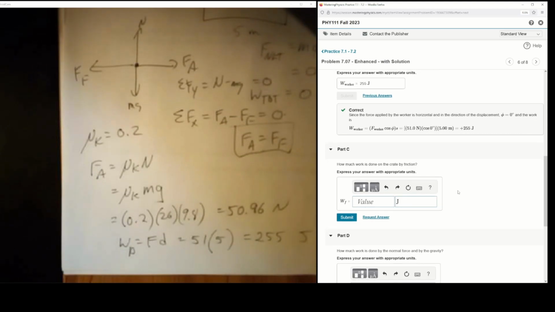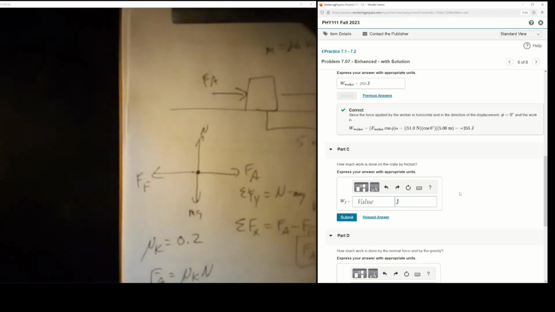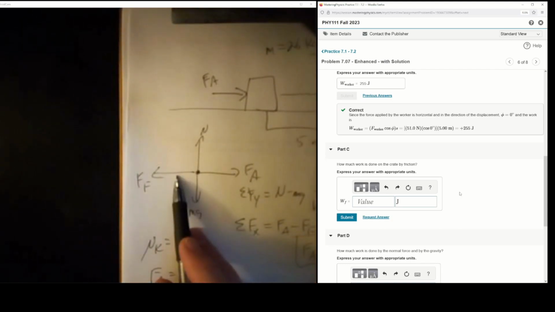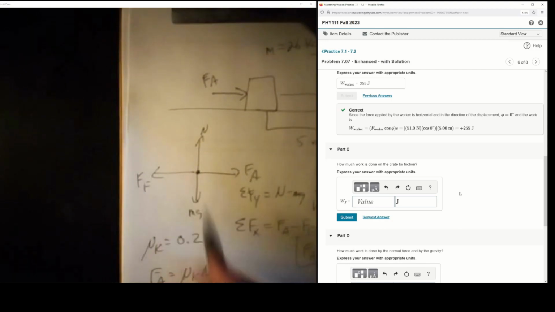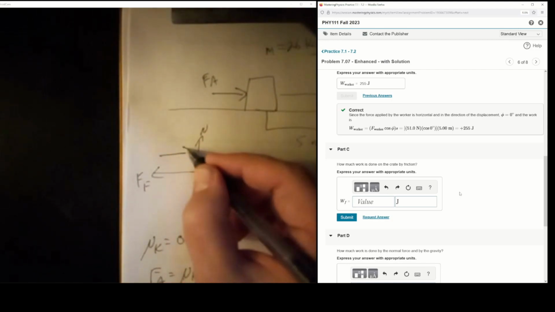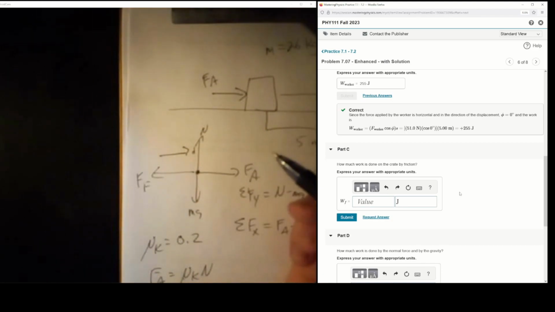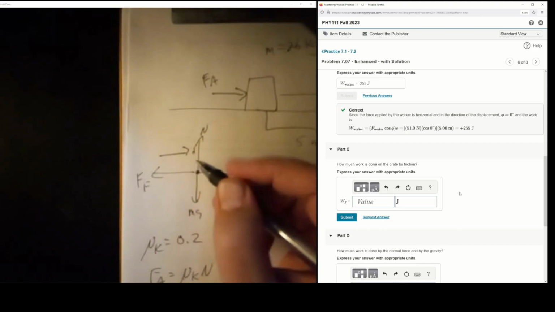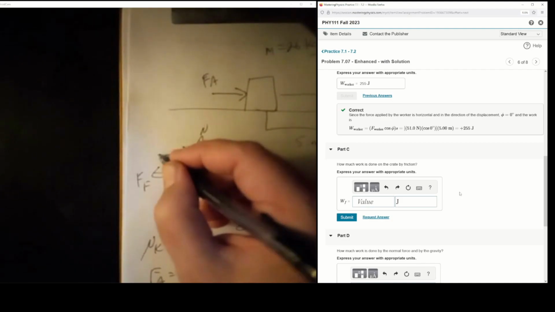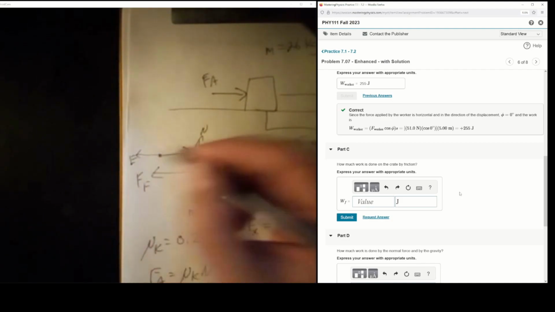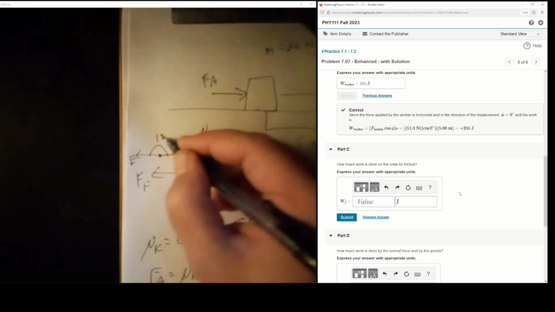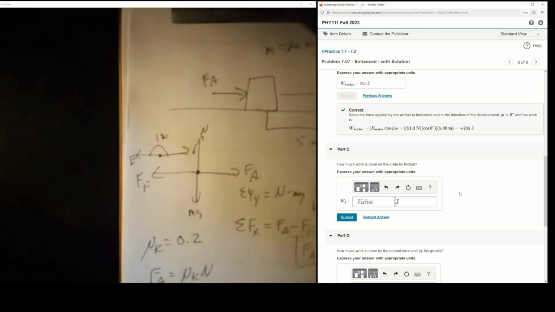Part C. How much work is done by friction? All right, well, if we go back and look at our pictures here. Here's friction going to the left, but remember, our displacement is going to the right. So when we connect these vectors tail to tail, displacement to the right, friction to the left, this is 180 degrees, and cosine 180 is -1.